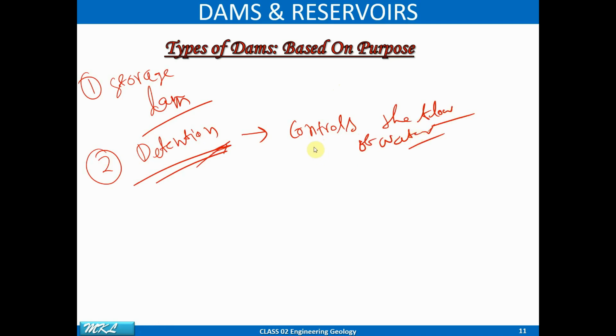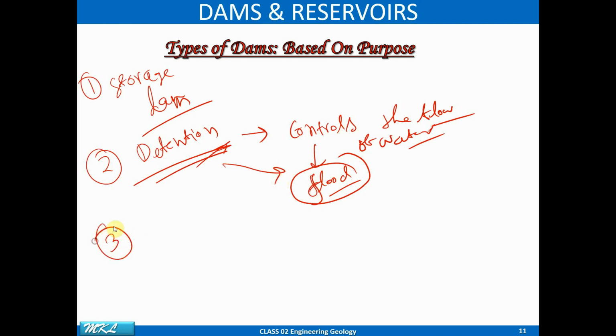Okay, write this down. It detains all or a part of flood water in a river and gradually releases the stored water later at a controlled rate. So to control flood, we generally use the detention dam.